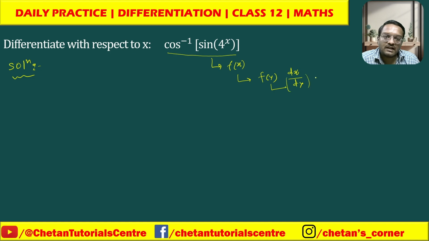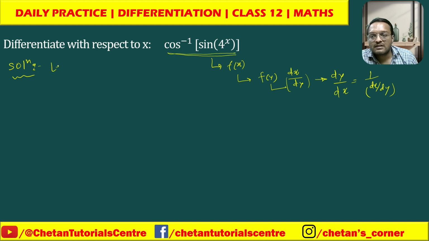Once we get the value of dx by dy, by using the theorem to differentiate an inverse function, we get dy by dx, which is equal to 1 upon dx by dy. So let's start the solution of this question.